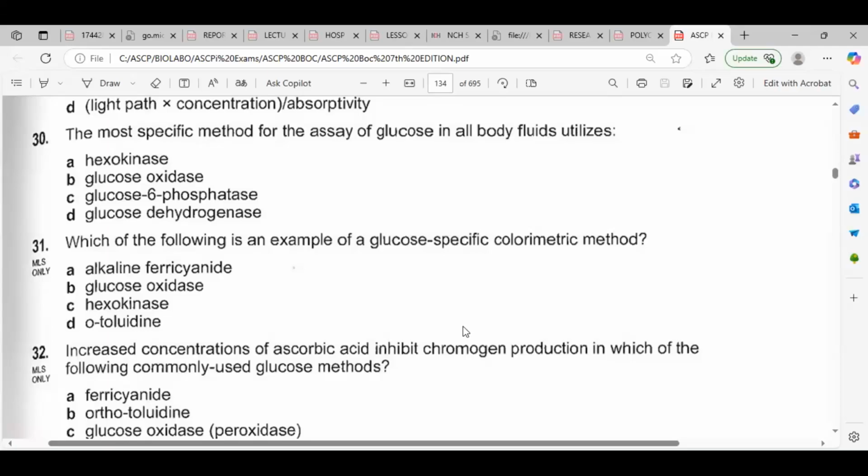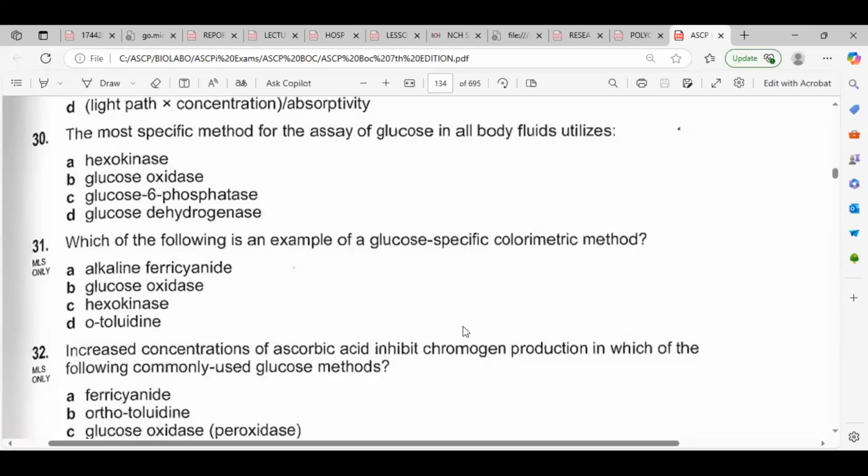Glucose specific is oxidase. Why? Because another test that is used for glucose is called hexokinase. You remember hexokinase is a test that we use in many laboratories. Hexokinase is a phosphorylation, isn't it?